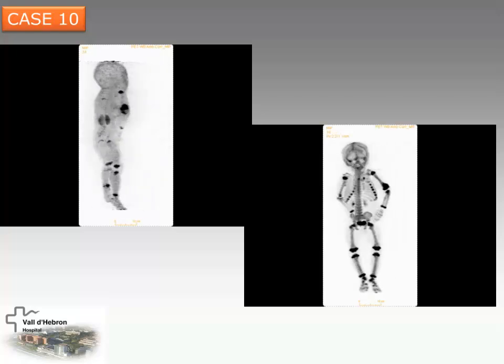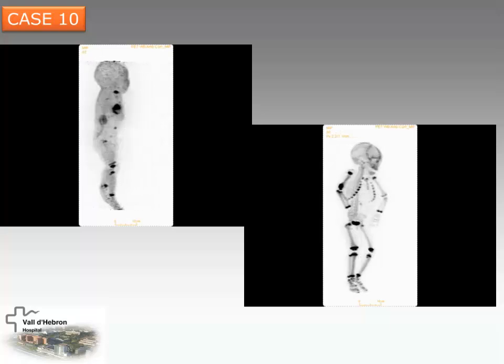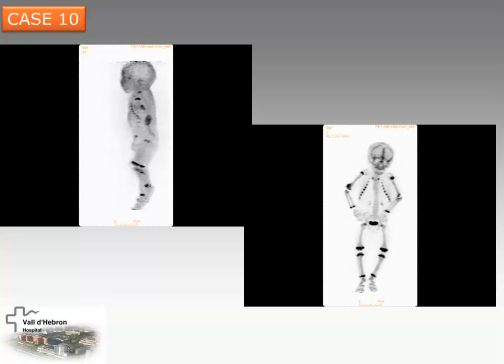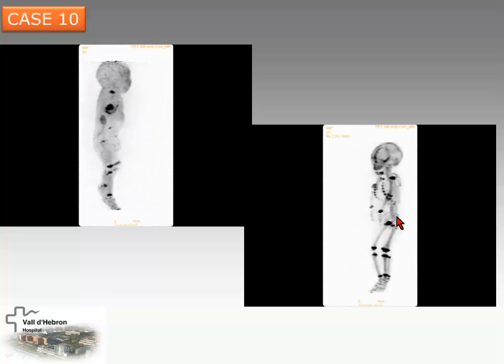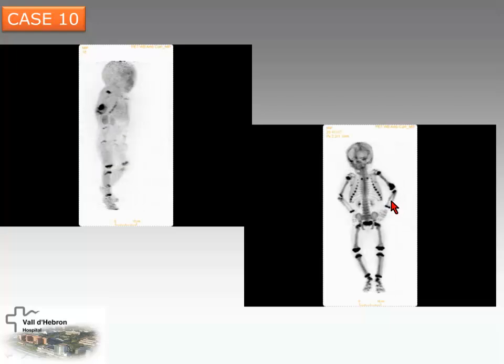How many fractures do you see? The scalp, the coronal suture as before, the right humerus, and the other one is very mild. Look at the right radius here. You can see it now, a little bit.